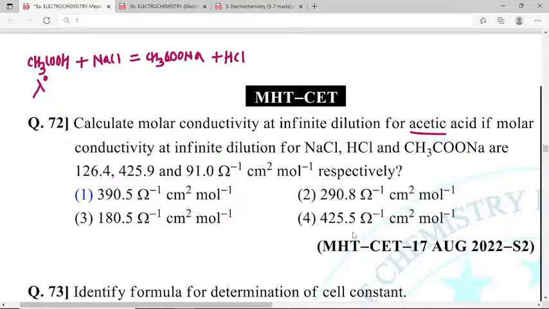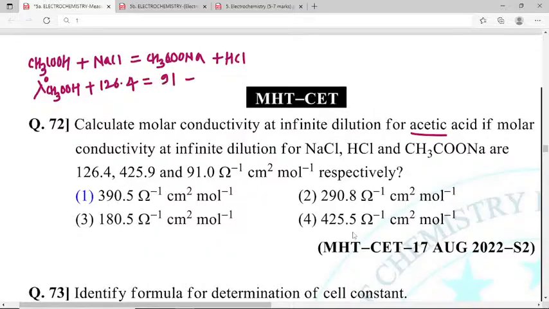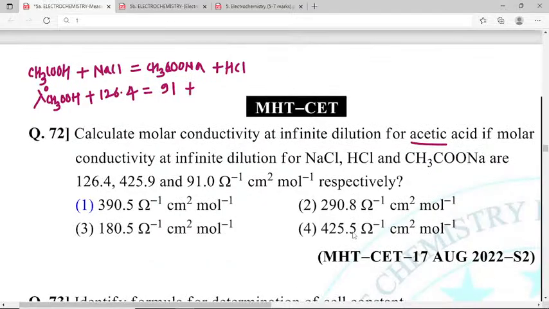Lambda naught of acetic acid CH3COOH plus NaCl, 126.4, is equal to sodium acetate 91 plus hydrochloric acid 425.9. Add, then subtract, we'll get the answer 390.